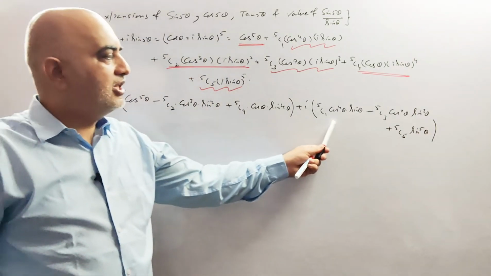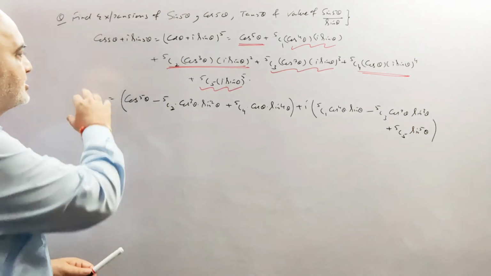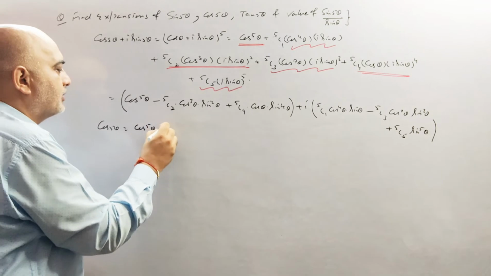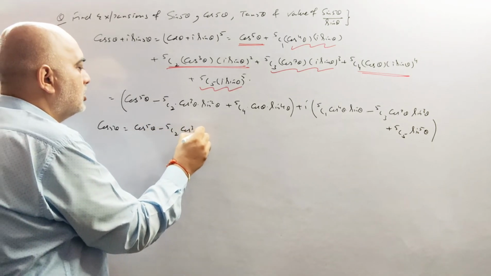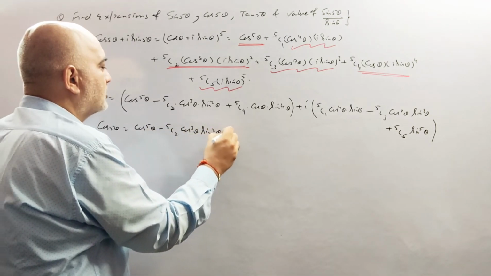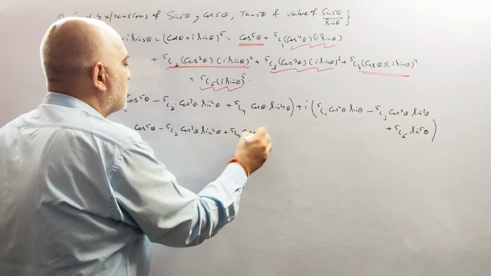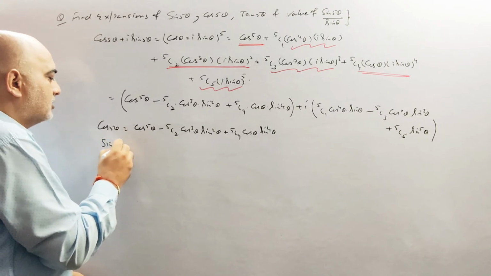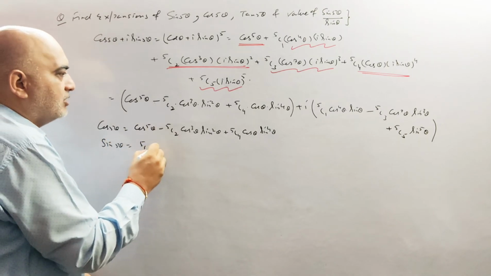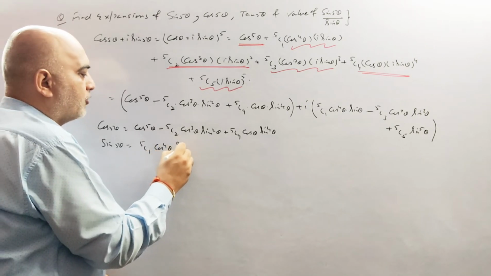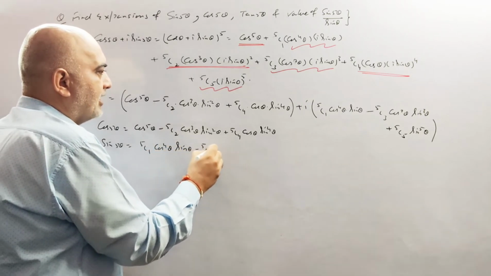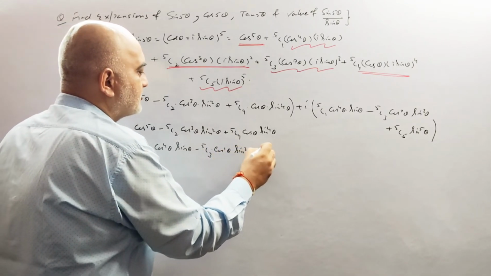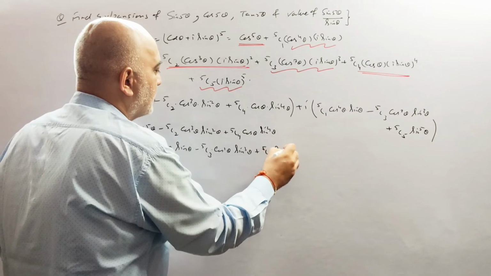After taking the real and the imaginary part, comparing this with the left hand side, we have cos 5 theta equals cos to the power 5 theta, 5c2 cos cube theta sine square theta, 5c4 cos theta sine to the power 4 theta, and sine 5 theta becomes 5c1 cos raised to the power 4 theta with sine theta, 5c3 cos square theta with sine cube theta, plus 5c5 sine raised to the power 5 theta.